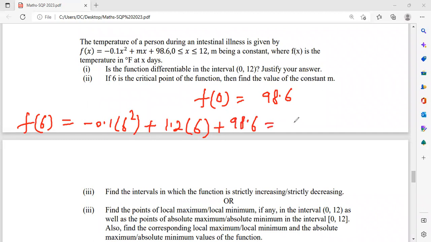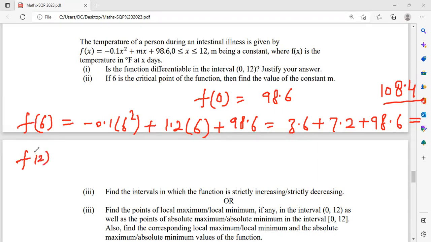So this is 3.6, this is 7.2, 98.6. 6 and 6 is 12, and 2 is 14, so it's 4. Let me write this equal to 6, 6, 12, and 4. Now 8 and 18, 1, 9, and 1, 10. 108.4.